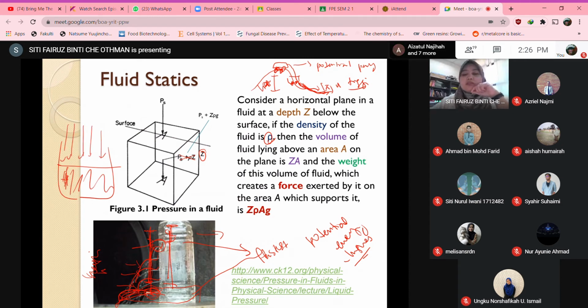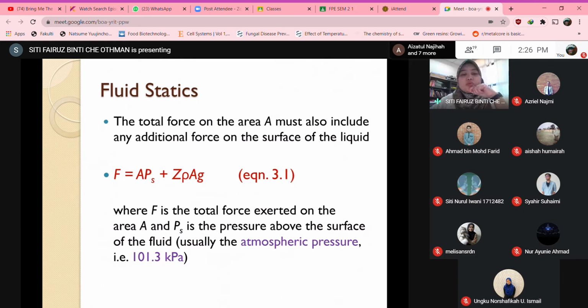In other words, this is just a fancy term: you have to include the atmospheric pressure.